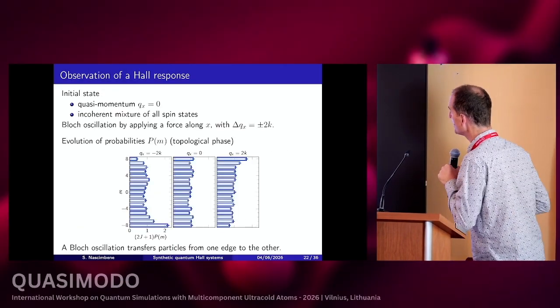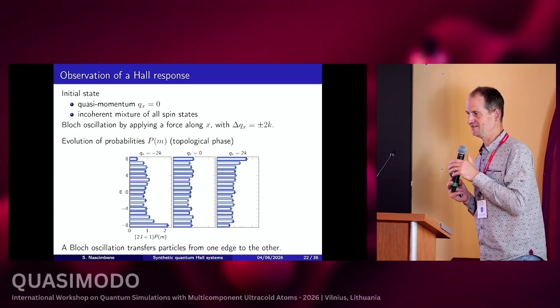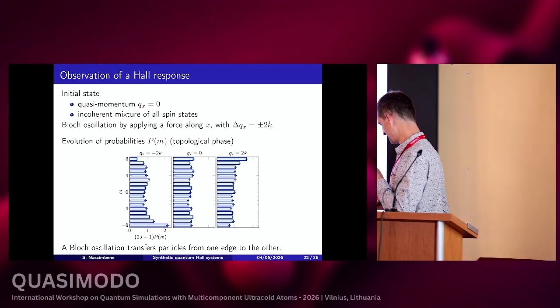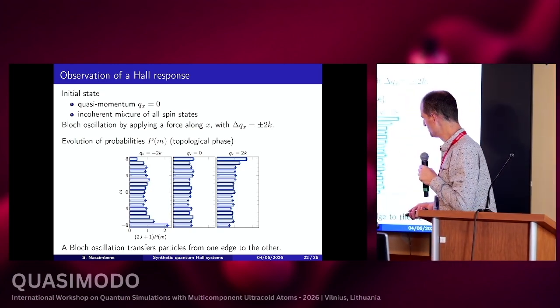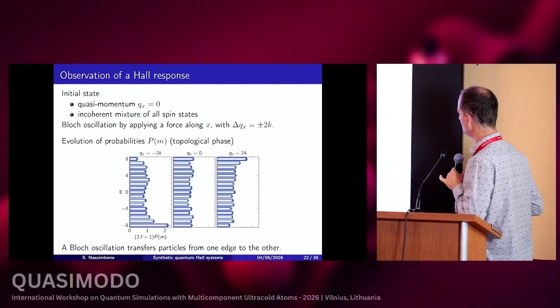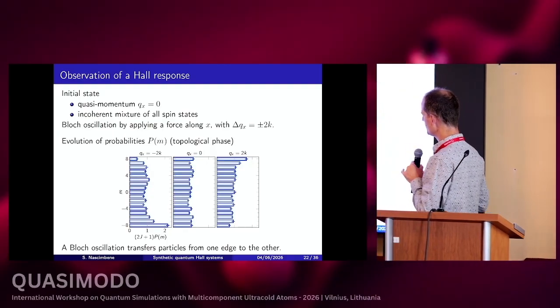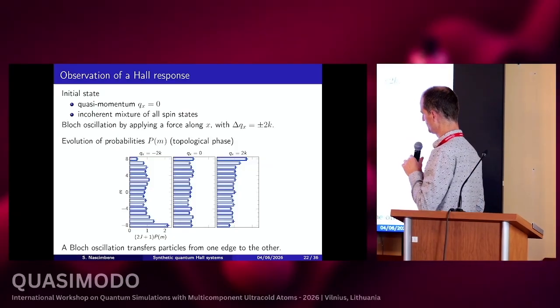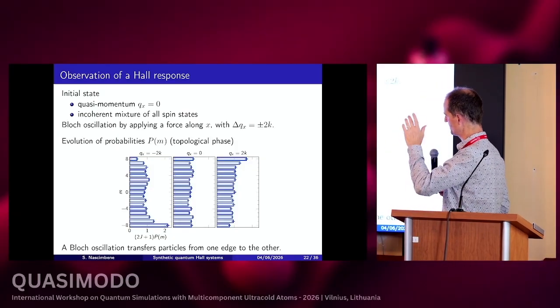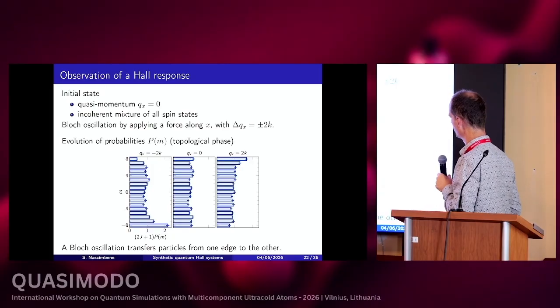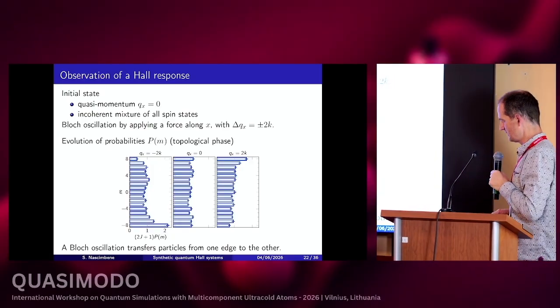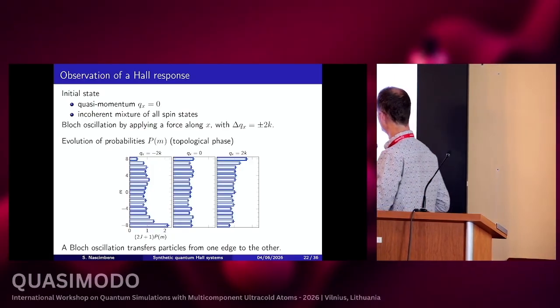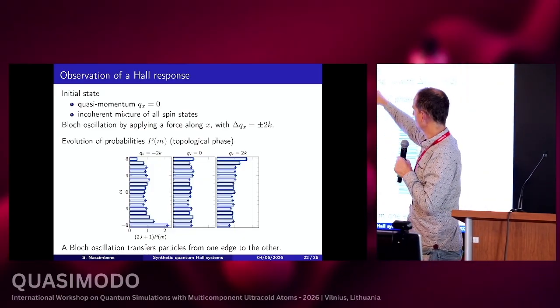Okay, so now I move to the experiment, and indeed, for the experiment, we do the opposite. Let me explain what we do. It's a little bit different compared to the case I explained in the second part of the talk. Here we prepare a statistical mixture of all spin states to begin with.